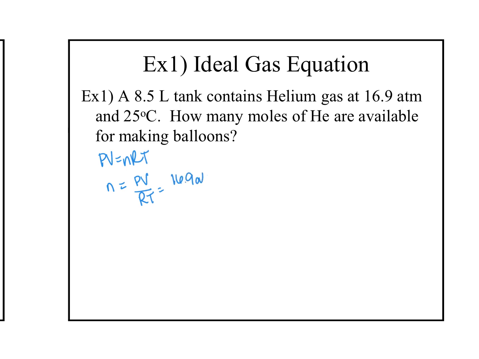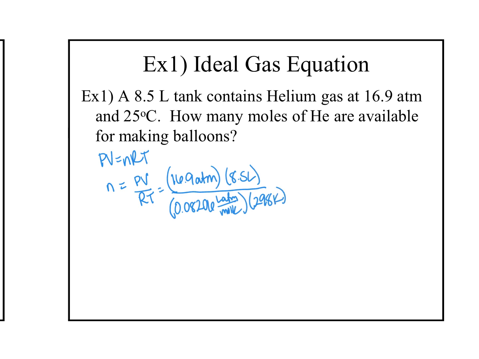16.9 atmospheres times 8.5 liters, divided by that R value of 0.08206 liter atmospheres per mole Kelvin, and then 25 degrees Celsius plus 273 is 298 K. Now I'd like to talk about units.